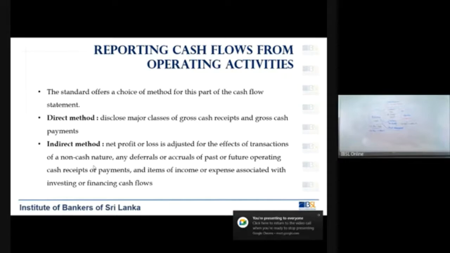One is known as the direct method. The second one is the indirect method. These two are very important. What is a direct method and what is an indirect method?